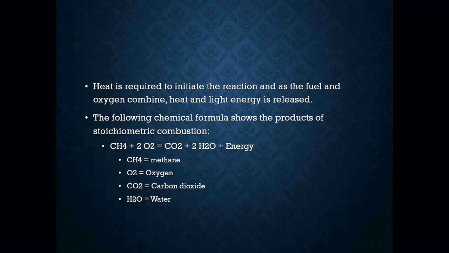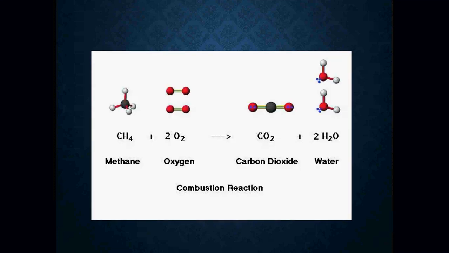So what this formula is talking about is if I have methane and I add some oxygen to it for my combustion, I am now going to create carbon dioxide, water, and energy. What that formula is basically saying is I have a combustion reaction. I have methane and I'm adding oxygen to it. I am now going to create carbon dioxide and water.